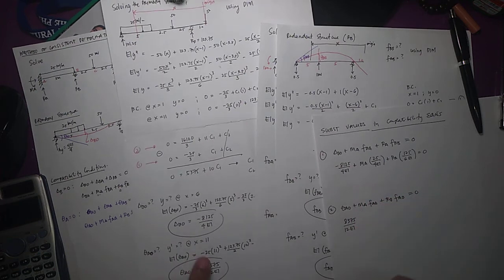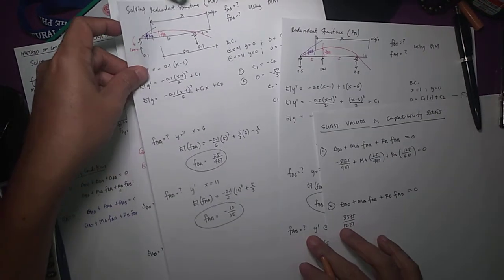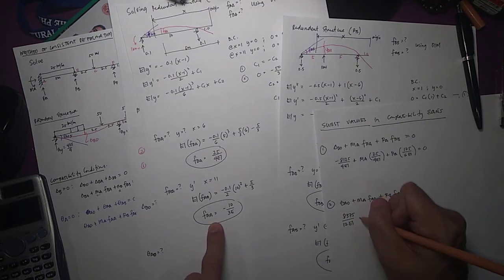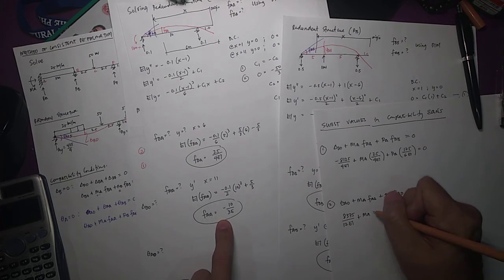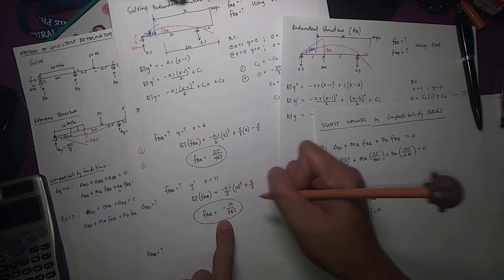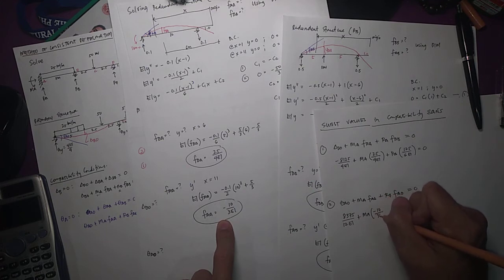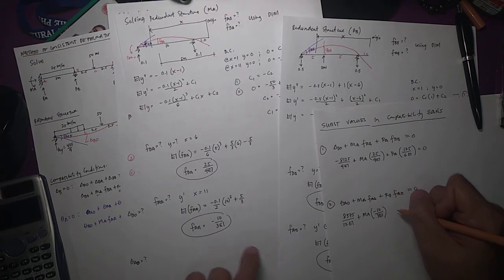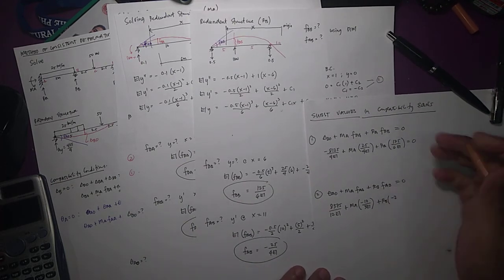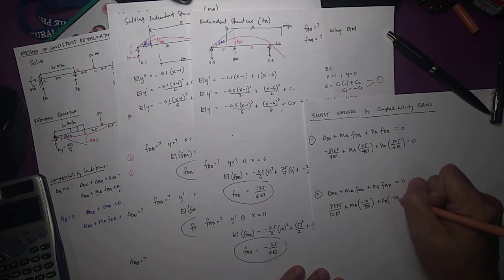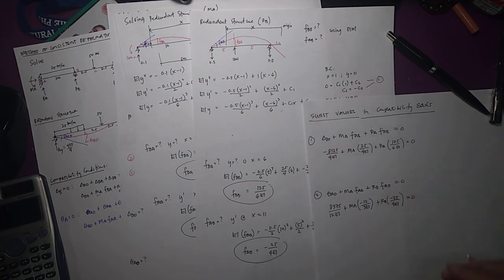Then for the redundant MA, plus MA, FAA is this one, negative 10 over 3 EI. Then plus RB times FAB is this one, negative 25 over 4 EI, should be equal to 0.